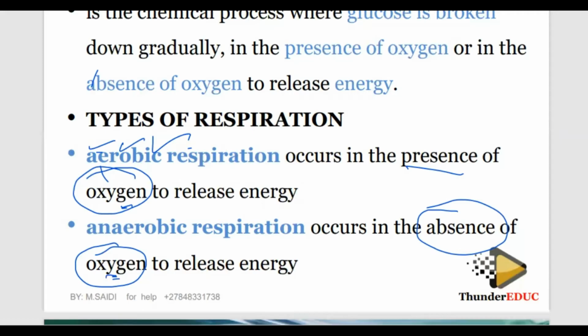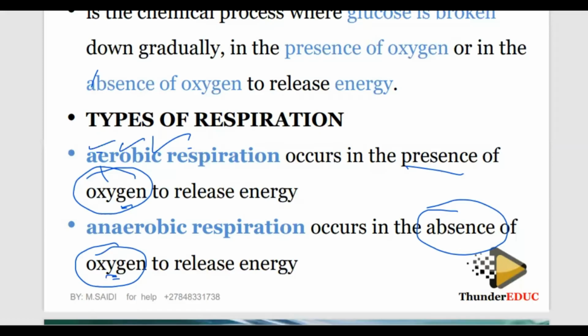But imagine an athlete who is running for a long distance. A time is going to come when this person does not have enough oxygen. But this person still requires energy because the race is not yet complete. Therefore, what happens? The cell has to change from aerobic respiration to anaerobic respiration.